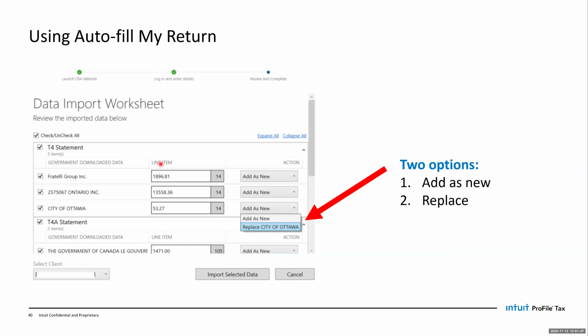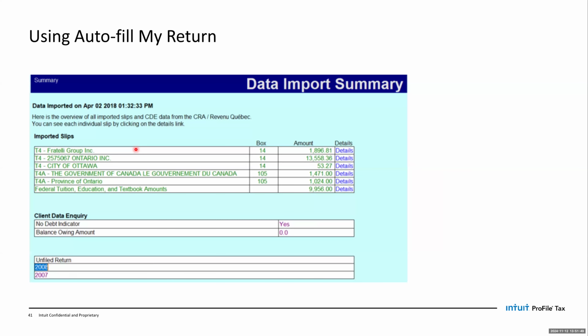And then there's a data import summary page that shows me all the information that ProFile has imported from CRA. You will want to check that against the slips. Oftentimes it could happen where you have a slip, CRA doesn't have a slip, or vice versa.